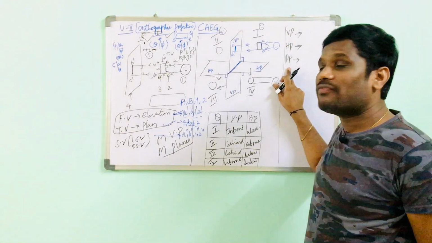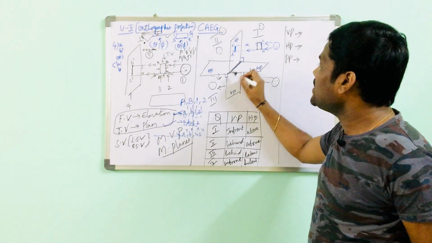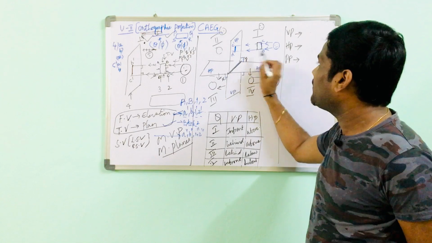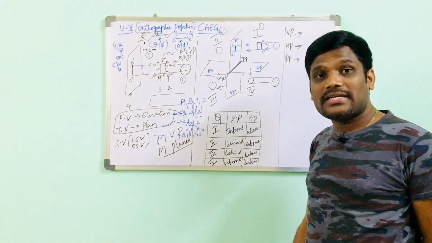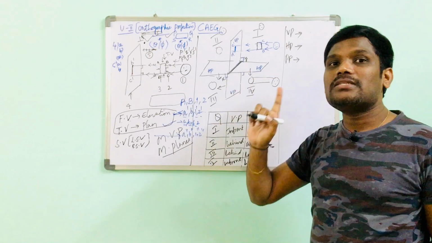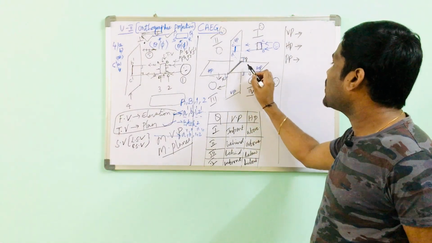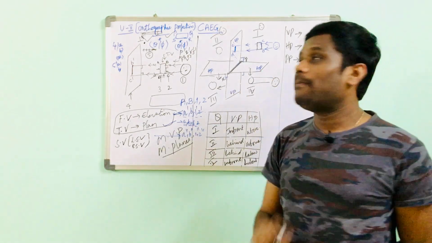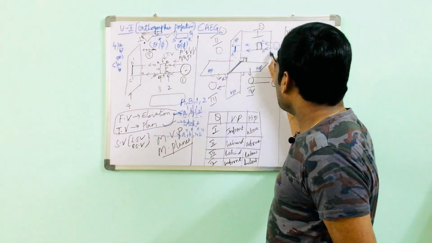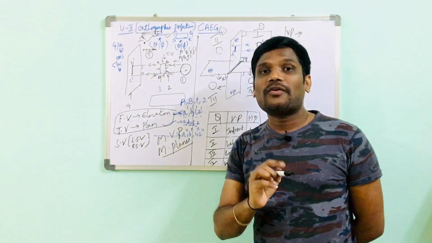PP is the profile plane, and the line joining the two planes is the reference line. Getting? It is called the reference line or the principal axis, the other word for that. And the plane which is perpendicular to both HP and VP is called the profile plane.